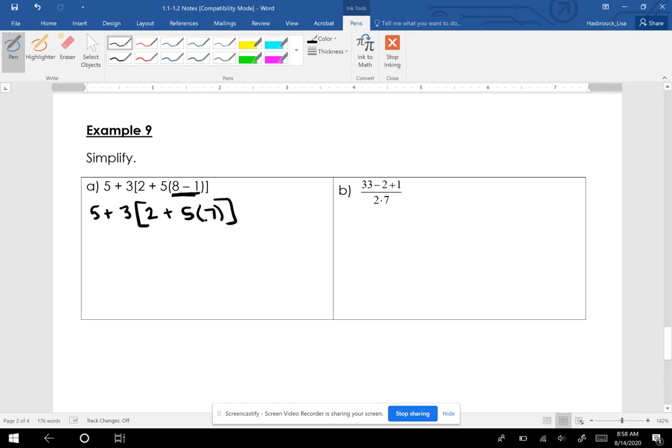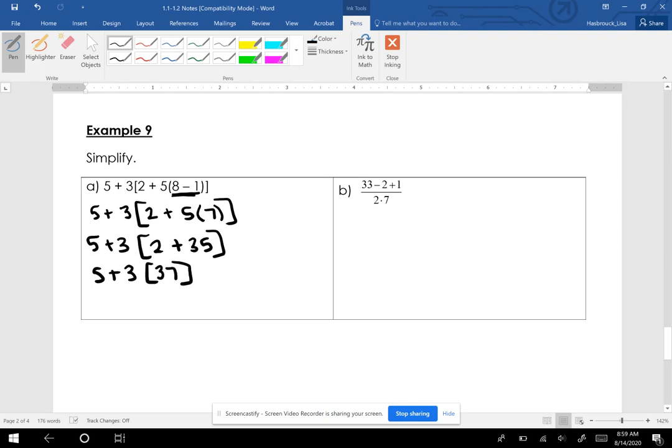Now I'm going to work on the inside of this next set of parentheses. 5 plus 3 times 2 plus 5 times 7 is 35. So notice I multiplied before I added, because order of operation says multiply first. Now I can add inside there. 5 plus 3 times 2 plus 35 is 37.